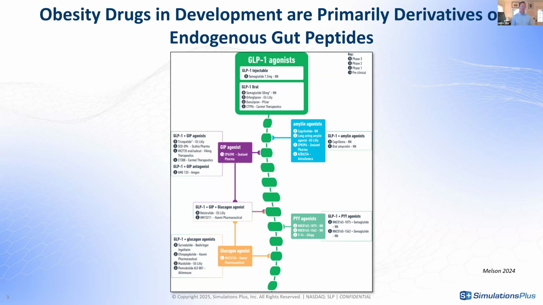Again, Simulations Plus has a variety of modalities across this spectrum. We're now able to apply that expertise across that spectrum of mathematical modeling, as well as our expertise in the disease area, in this case obesity, to really help support drug development across the spectrum, enhancing outcomes for patients and as well increasing business opportunities.